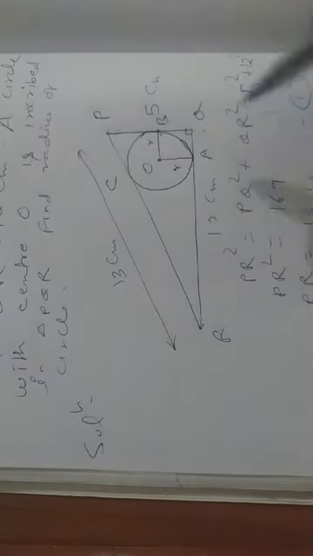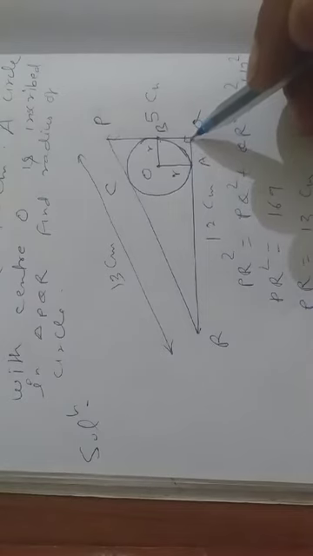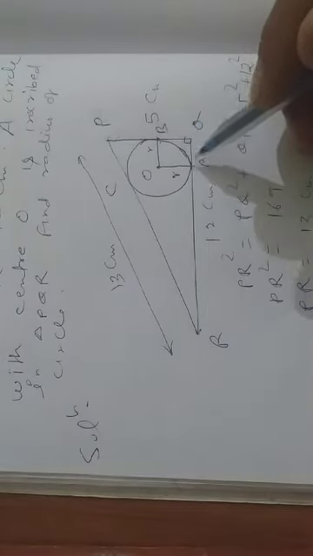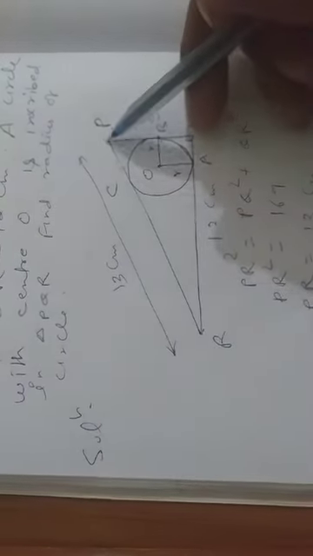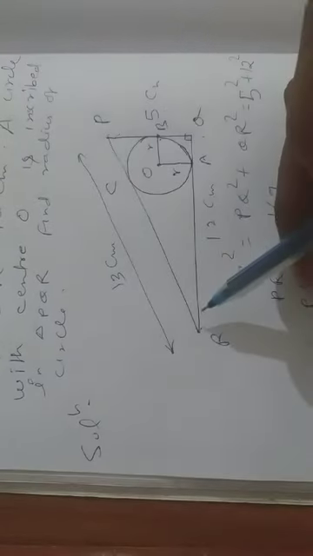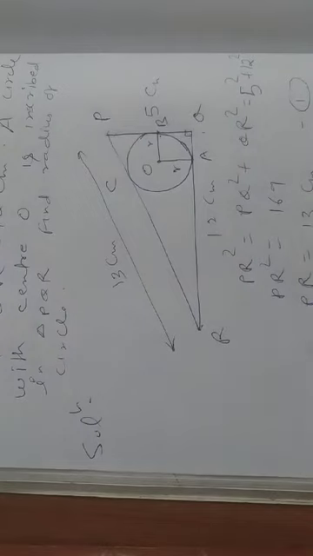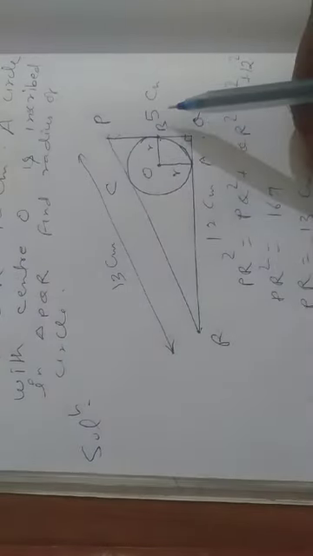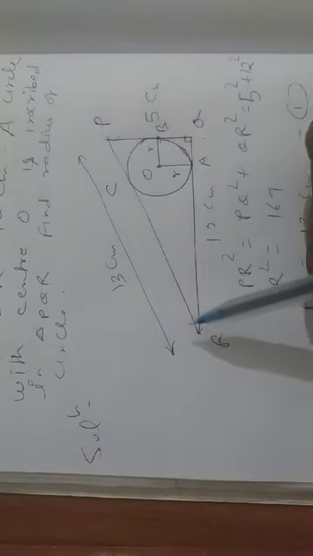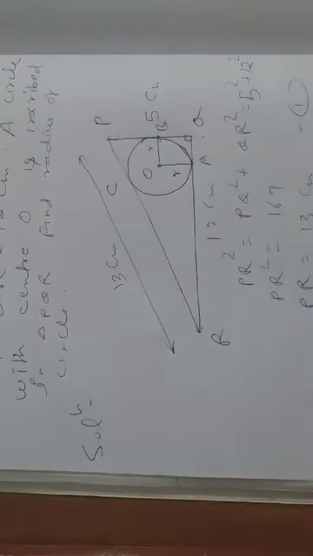So if we consider point Q, then QA will be equal to QB, PC is equal to PB, and RC is equal to RA. Now RQ is equal to 12 centimeter, PQ is equal to 5 centimeter. From this we can find PR is equal to 13 centimeter.